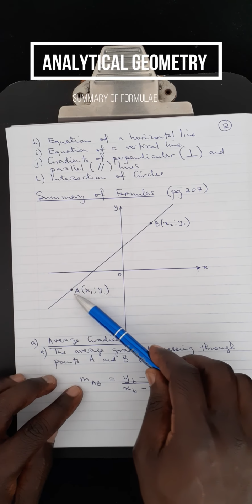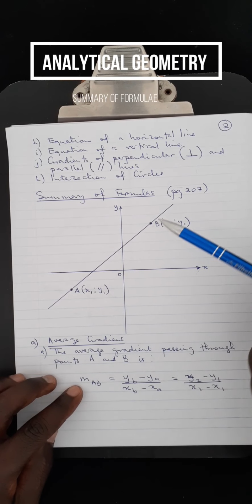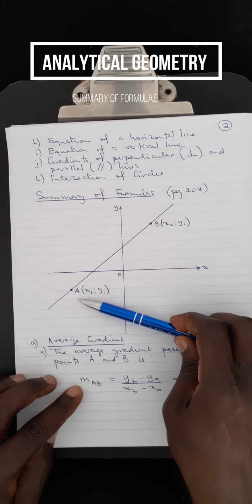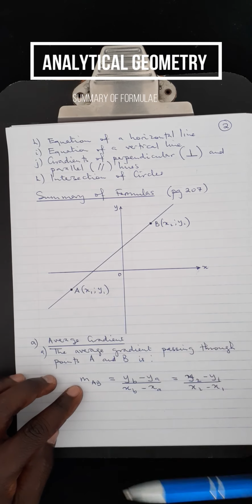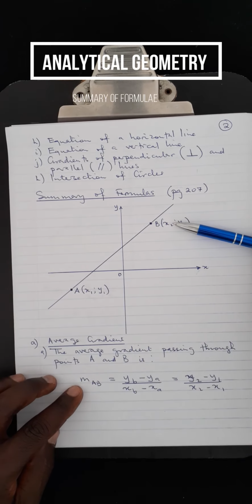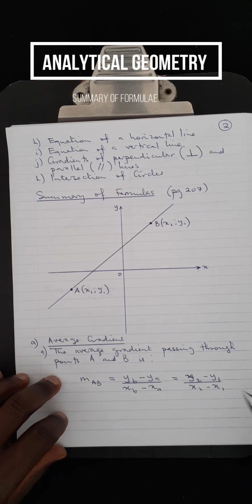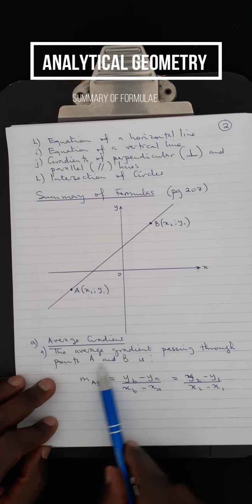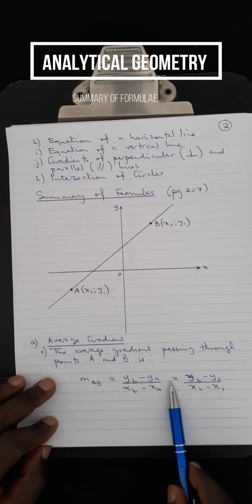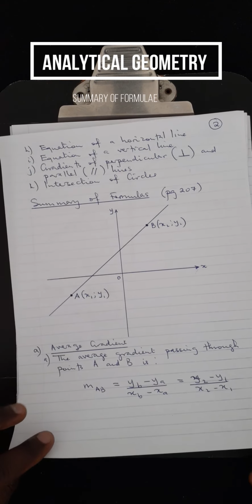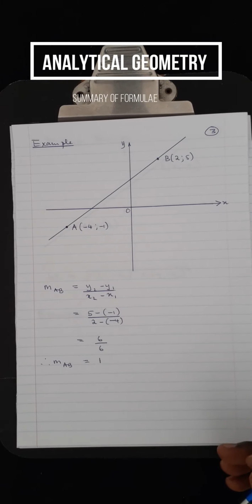We are taking A as our first point, B is our second point, so we take the second point minus the first point. But we can also work it as the first point minus the second point. I will explain that one in a little while. So the formula that we use to calculate the gradient of a straight line is y2 minus y1 over x2 minus x1. We are going to look at an example based on that.